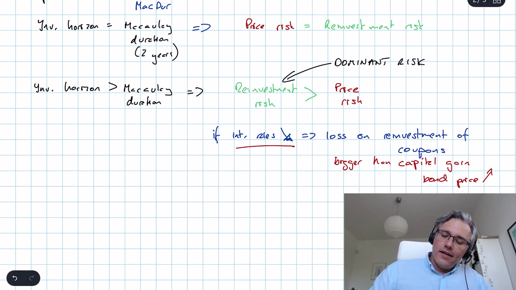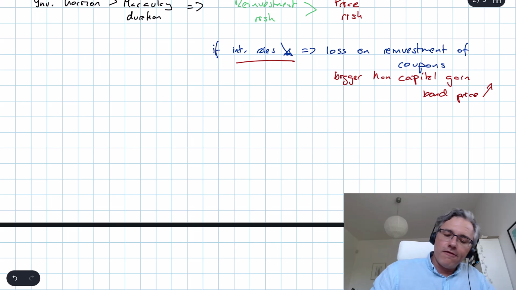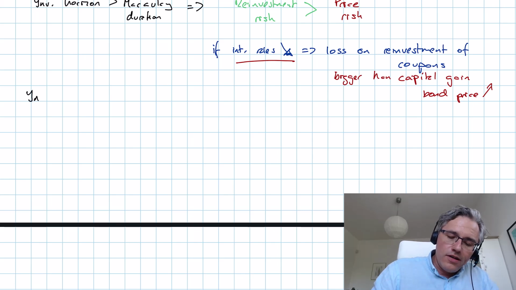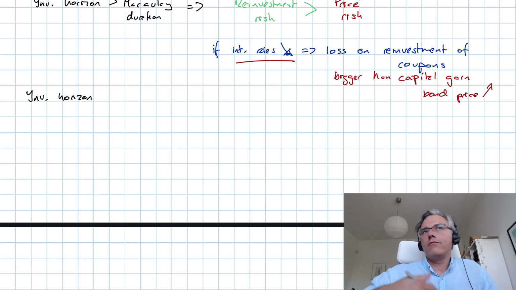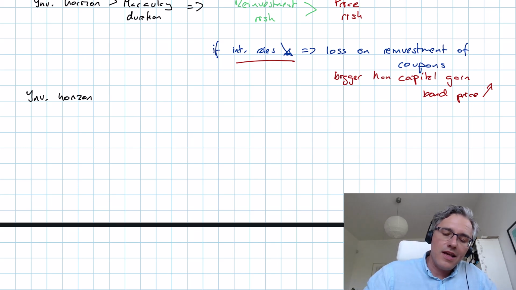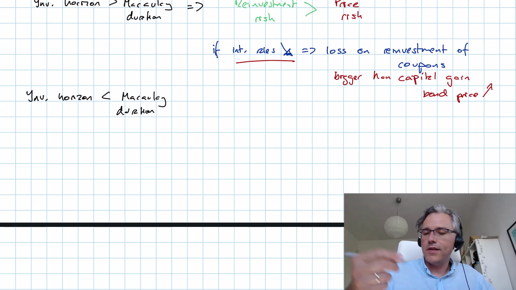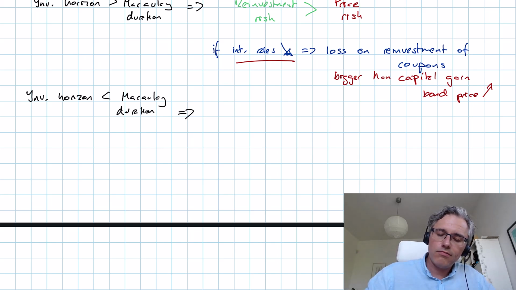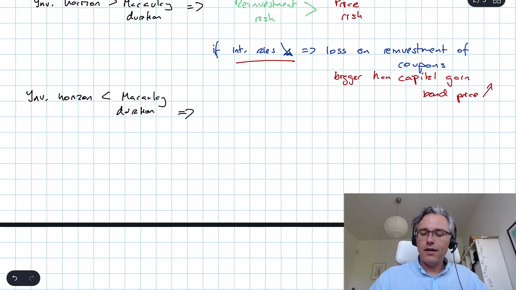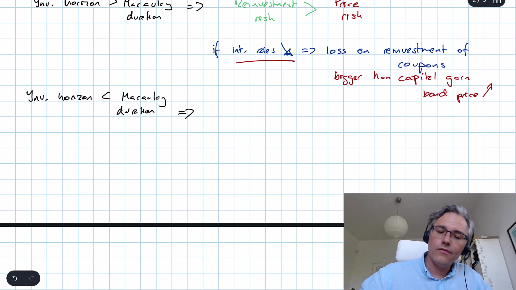On the other hand, if the chosen investment horizon, so the investment horizon which the bond investor chooses, is less than Macaulay duration, which once again in our example was 2 years, you'll have the reverse situation.